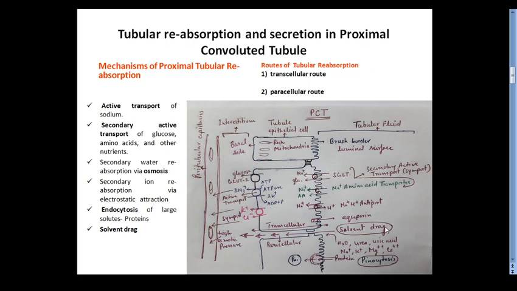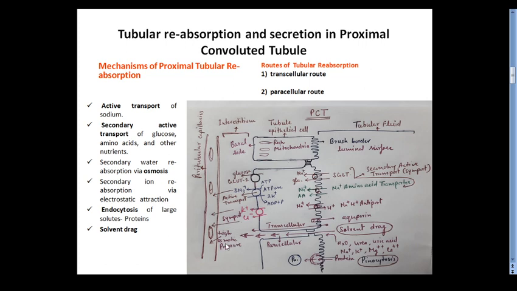And another mechanism is solvent drag. What is this solvent drag? Basically, this is the passing of water along with a few minerals like magnesium and calcium, urea and uric acid through the paracellular route into the interstitium. Why is there solvent drag? It is because of the presence of high osmotic pressure within the interstitium.